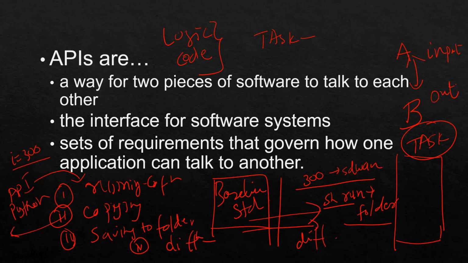Once I have all the 300 files inside the folder, I will run a difference script, and that script will compare all the files and generate the output in text or CSV or Excel, etc.